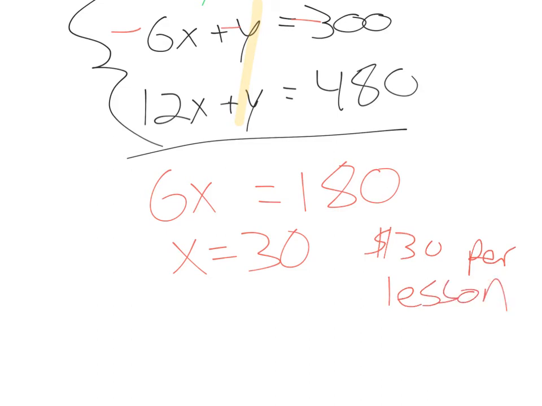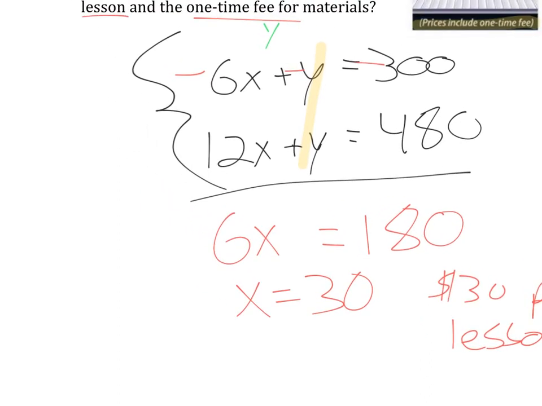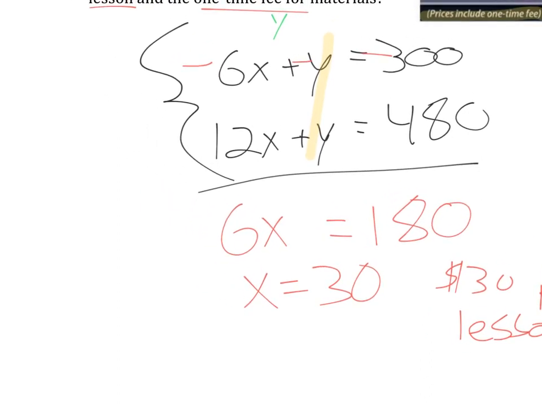All right, now let's get into that one-time fee. What's that about? Well, if x is 30, I can just plug in 30 for x right there, and then figure out what y is. So I have 6 times 30 plus y equals 300.